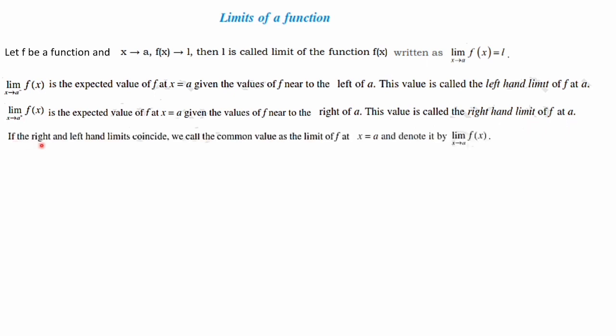If the right hand and left hand limits coincide, we call the common value the limit of f at x is equal to a, and denote it by limit x tends to a f of x. In the previous example, we concluded that both values coincide at 2, approaching towards 2, so we wrote the limit of the function is 2.